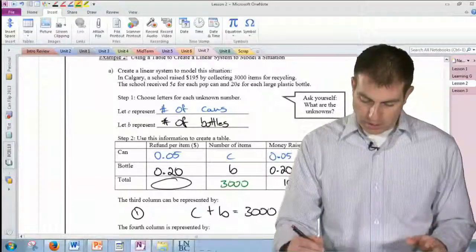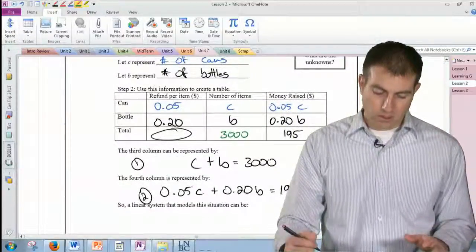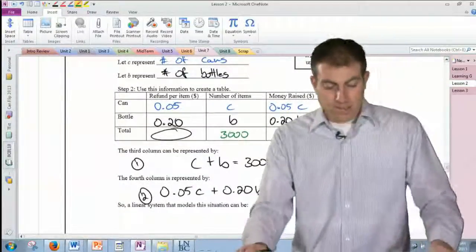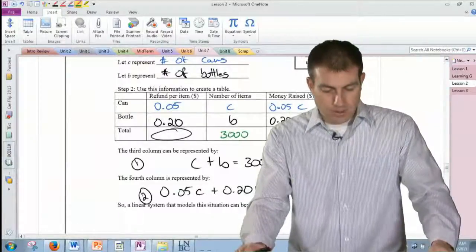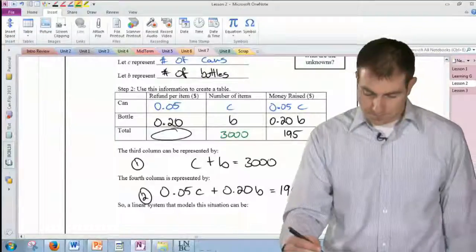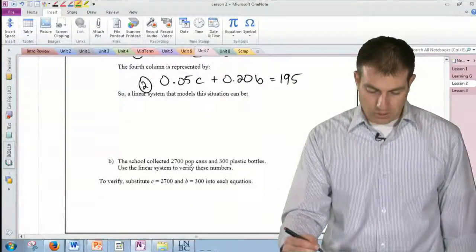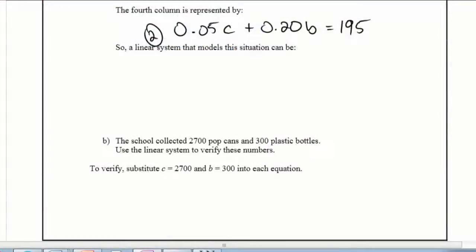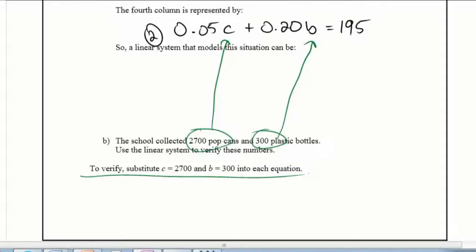So lesson 2, I left you guys hanging on example 2, where we had an equation, and then we had another equation. It just asked you to say, okay, 2,700 pop cans, 300 bottles, so substitute 27 in here, substitute 300 in here, and figure out if it equals 195.